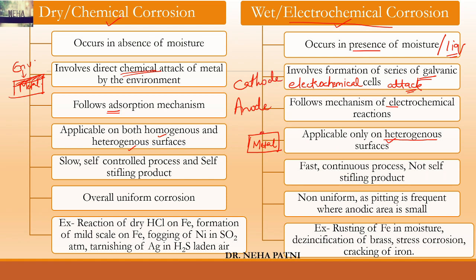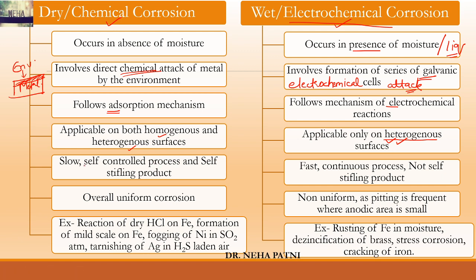If the metal has some area where there is a dust or dirt particle, then this metallic area is not in contact with the environment, that is the liquid, while the other area is in direct contact with the liquid. So this area is different from that area, and that's how this area is anodic and that is cathodic. The area which is in direct contact becomes the anode. So there is development of anode and cathode, and it only happens when there is a heterogeneous surface.